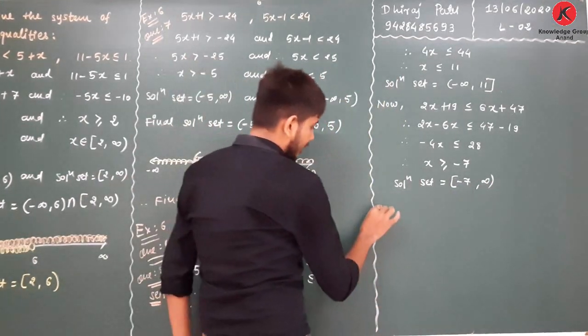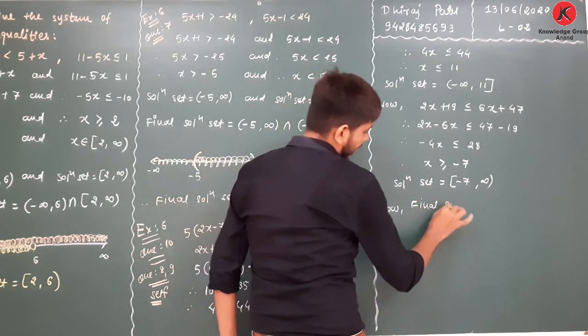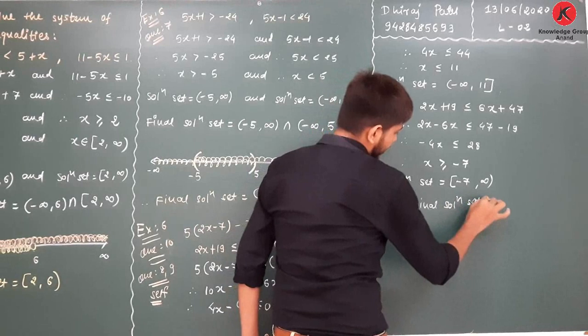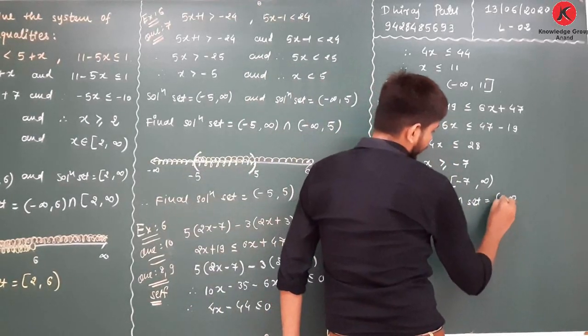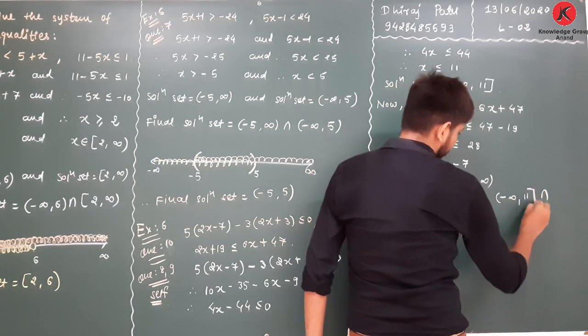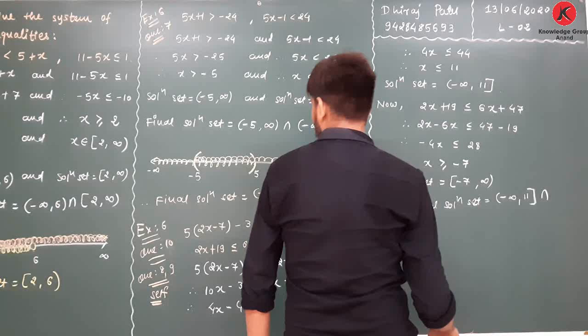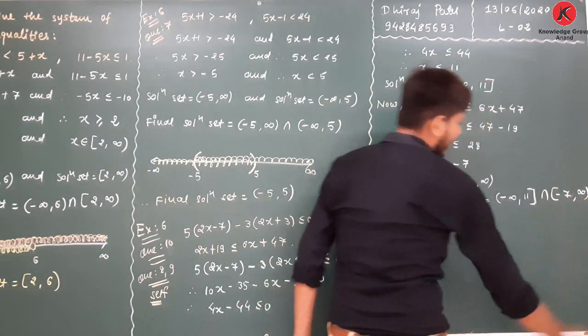Now the final solution set is the intersection of these two. Therefore we are getting minus infinity to 11 intersection minus 7 to infinity.